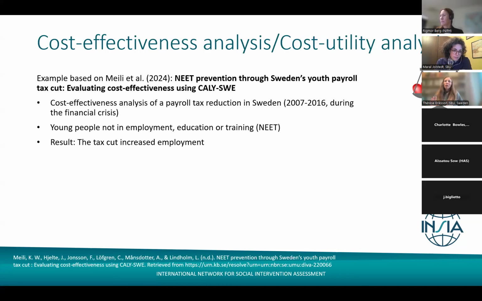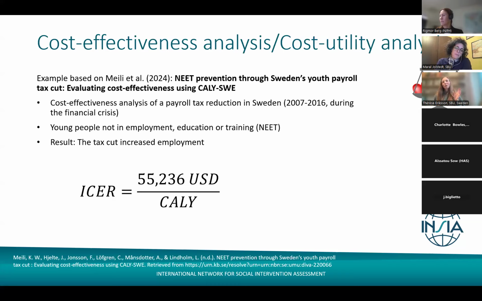And what they saw was that the tax cut actually increased employment, and their analysis yielded this ICER that it cost around $55,000 per capability adjusted life year.